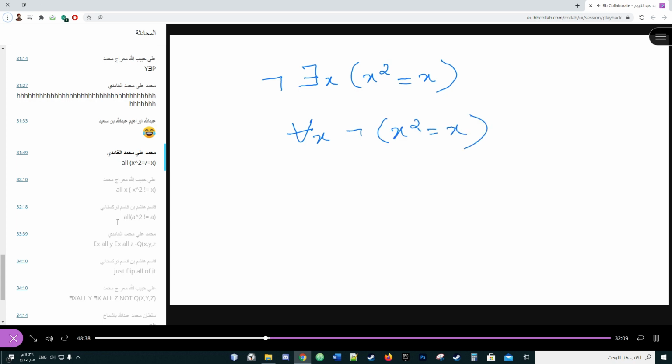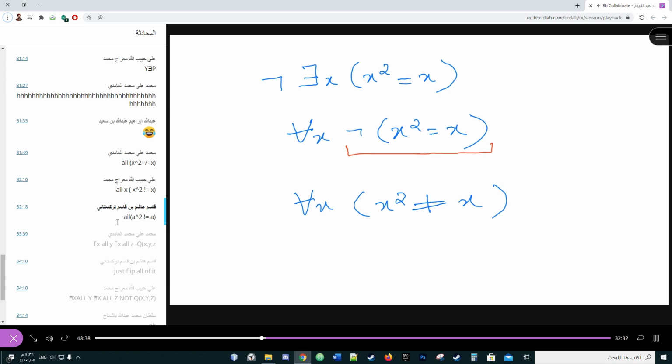Muhammad Ali has already simplified it. Can I simplify this further? Ali Habib has also done it. So I get for all x, x square not equal to x. Very good, Qasim.